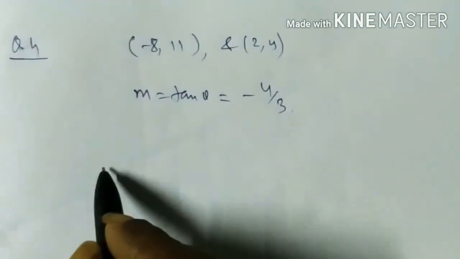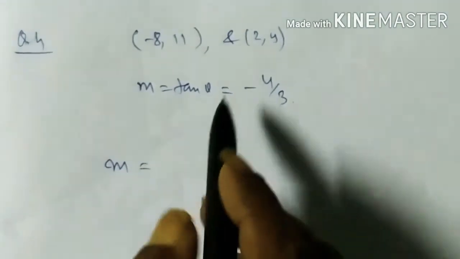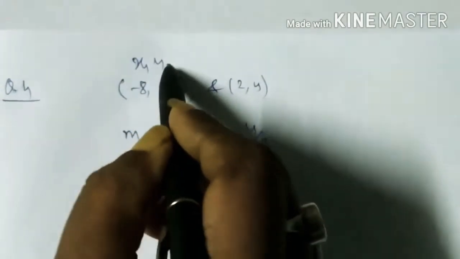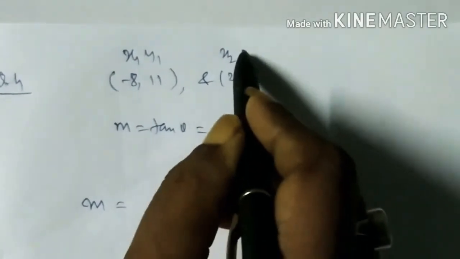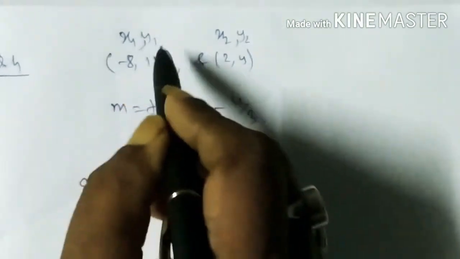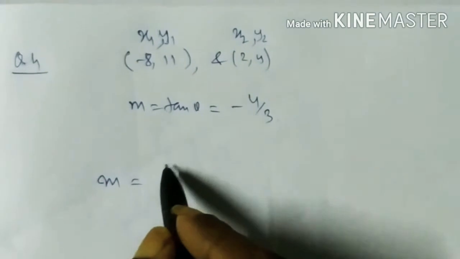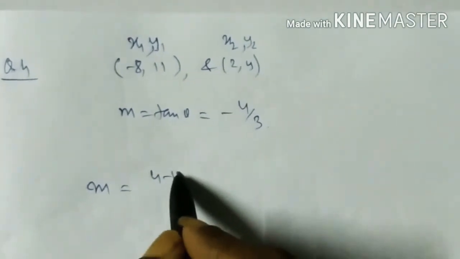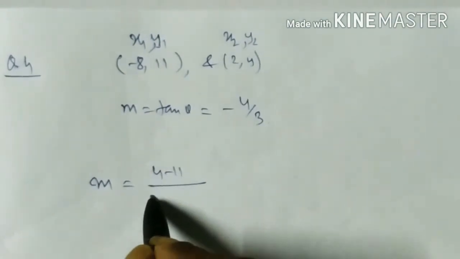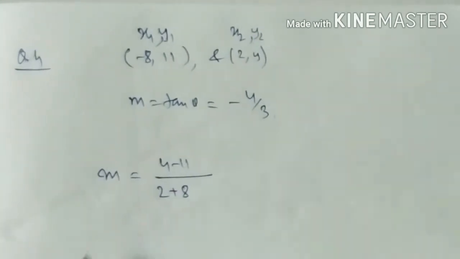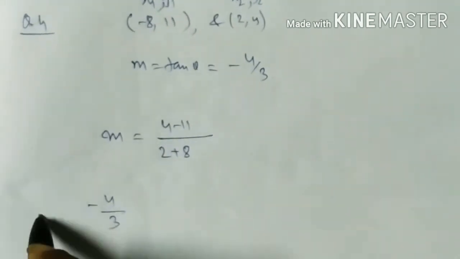So by the help of the formula, let us take this as x1, y1 and this as x2, y2. So your m will be equal to (y2 minus y1) by (x2 minus x1), that is (y minus 11) by (2 minus minus 8). Here the value of m is minus 4 by 3.